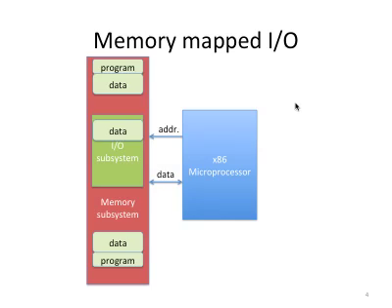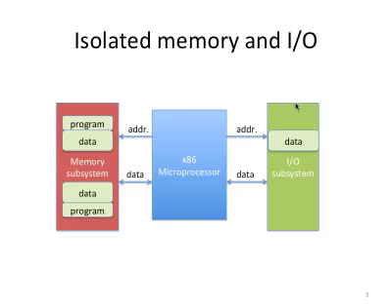Okay? So these two ways of organizing memory and I/O devices are different. They have advantages and disadvantages. In the first, isolated memory and I/O, the advantage is you have a complete memory address space. You don't reserve certain regions for I/O devices.